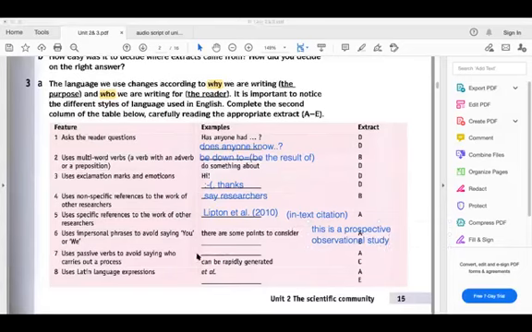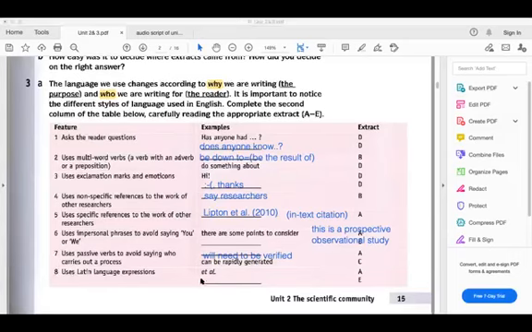Use passive verbs to avoid saying who carries out a process. This can be found in extract number A, when the writer says will need to be verified, and the other example can be rapidly generated.